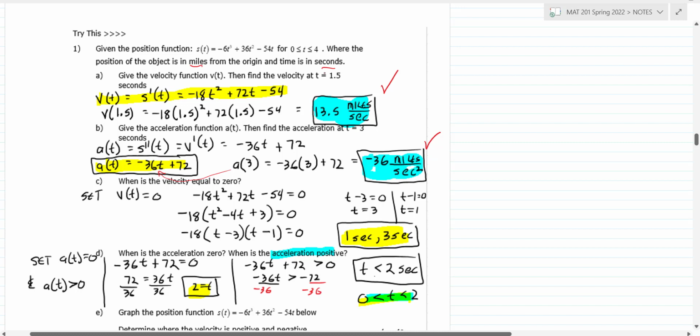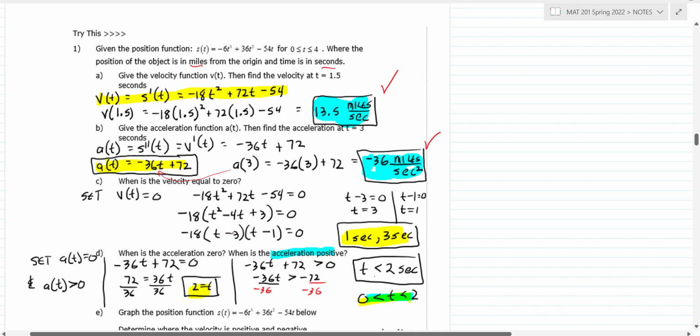Okay, next part of the problem is, when is the velocity 0? We found the velocity in part A. We need to set that equal to 0, and then you have to solve this equation. You could go directly to the quadratic formula on this if you wanted to. I noticed that I can factor a negative 18 out, so I factored out negative 18, and then this factored further.